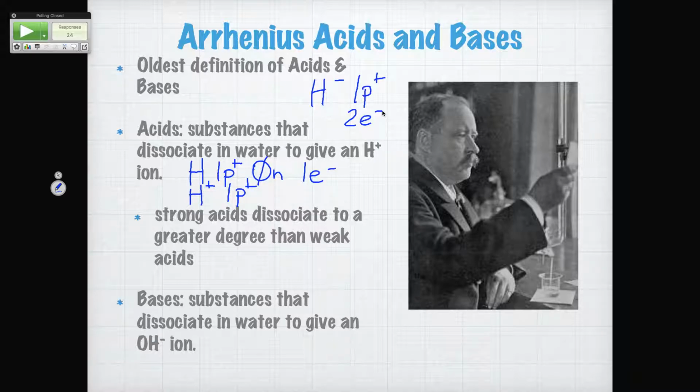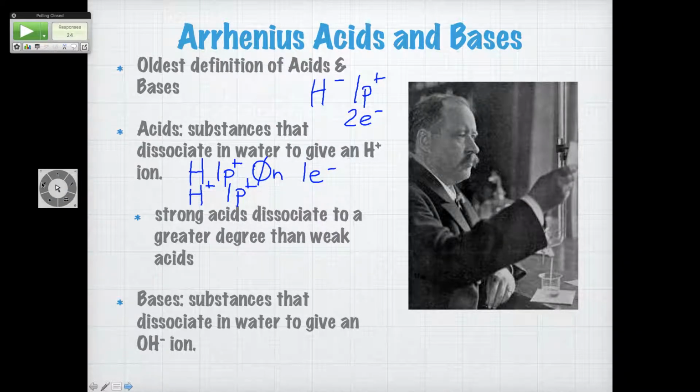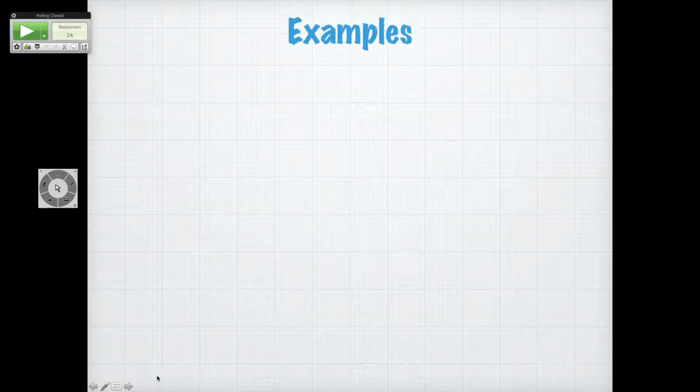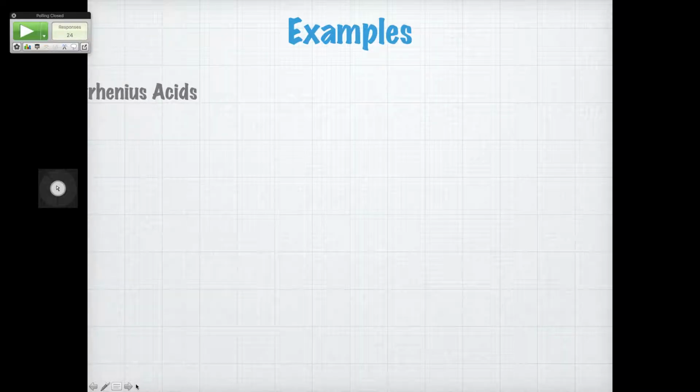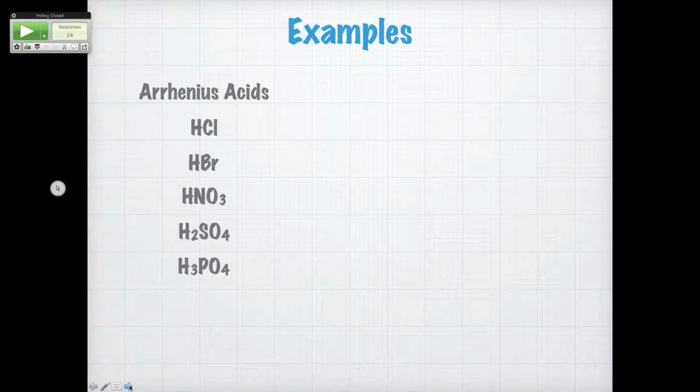Bases just give you hydroxide ion, and that's the Arrhenius definition. That was the original definition. So here are Arrhenius acids. Have you heard of these? When you dissolve all of them in water, they give up H+.